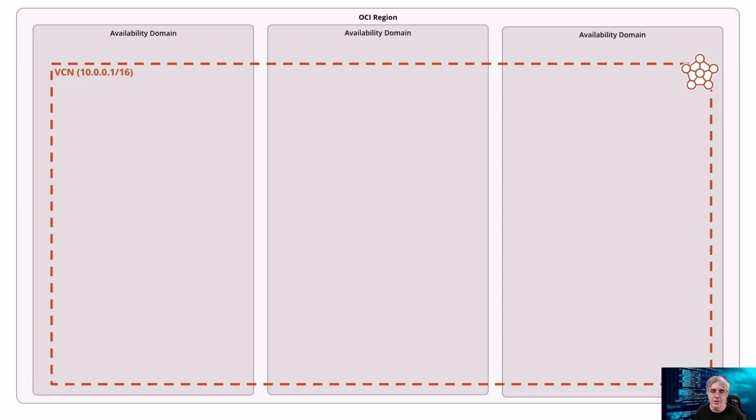So you do want to spend a little bit of time here considering IP address management for your VCNs, or at least those VCNs that are going to be part of larger networks. If you've got something that's just a standalone test, you're fine, you're not really considering what IP address range it's going to use. But the ones that are going to be around for a long time and potentially be connected, you do want to take care of managing those IP addresses.